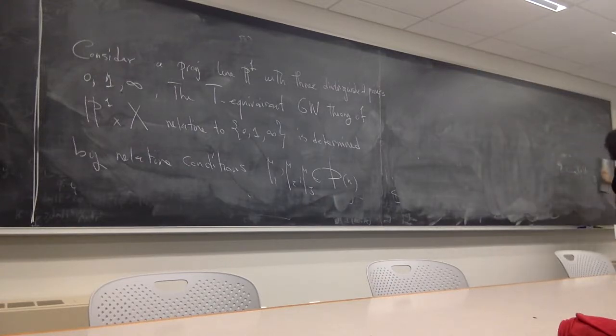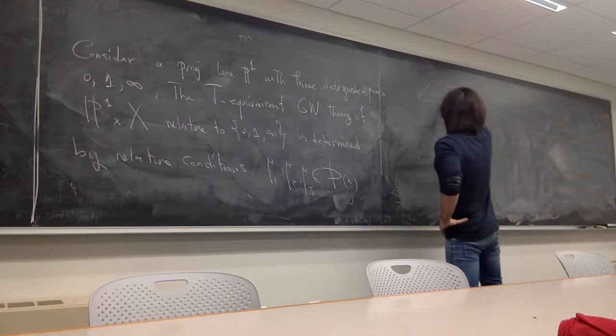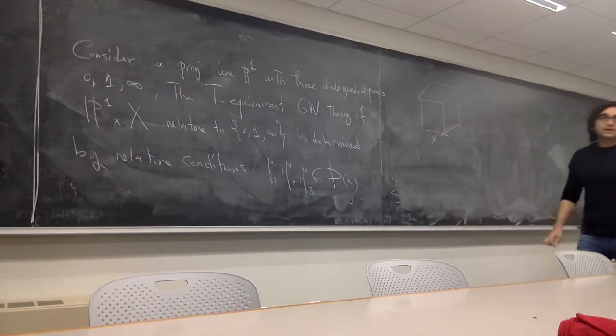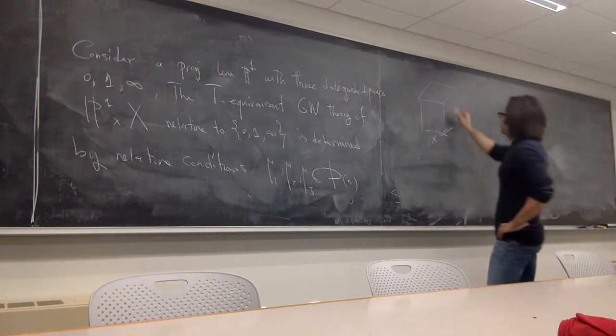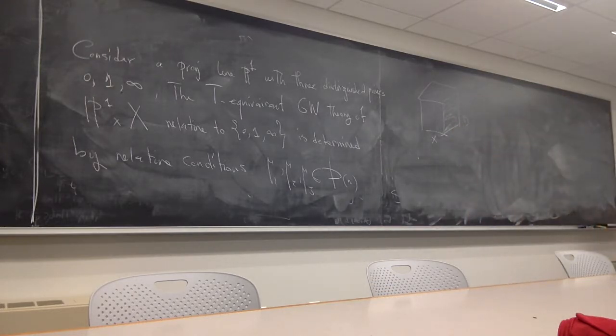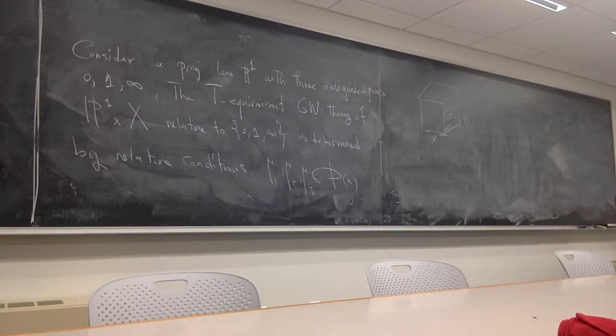You have a variety X, and let's assume that I fix a divisor inside this variety. We have the Gromov-Witten theory of X, and this is something that last year I remember you were in the class. So, you mean relative to the fiber over?